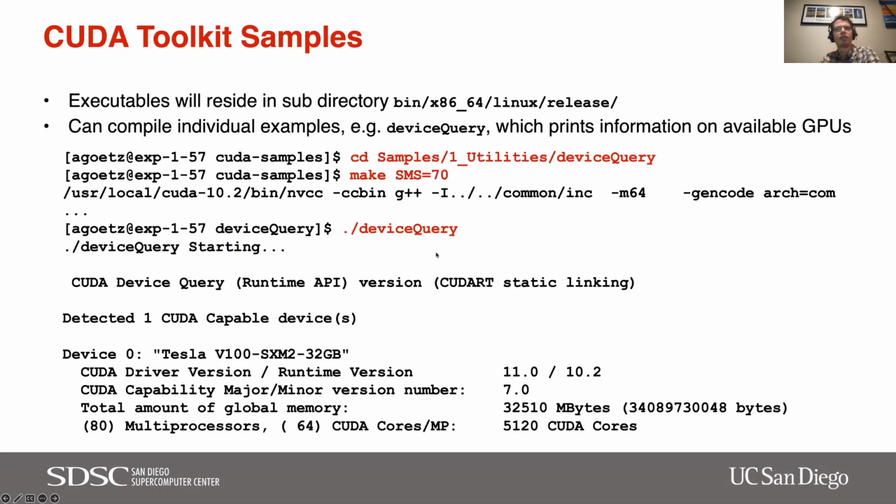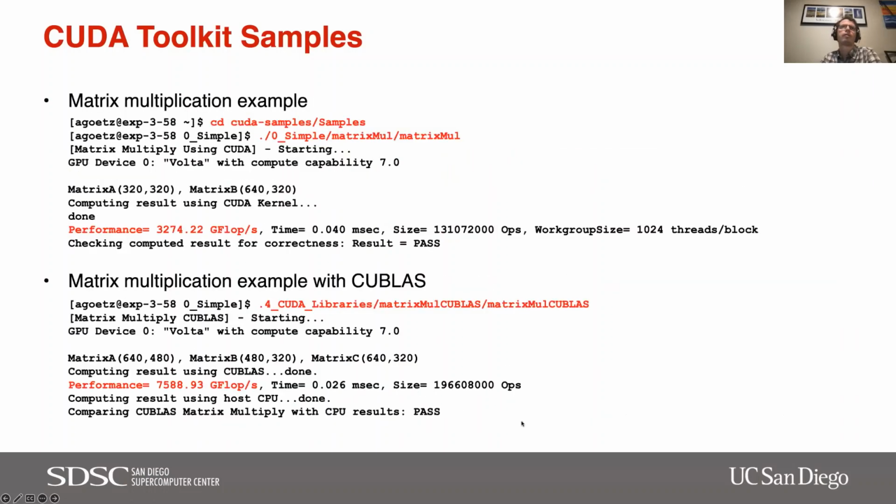Like I said, you can use CUDA functions to query information about the GPU, and if you look into the source code, you can see how that is done. It's interesting to inspect those source code examples. If you run that, it tells you what type of GPU it is, the CUDA capability version, the memory, the cores available, and so on. A lot of interesting information about the GPU.